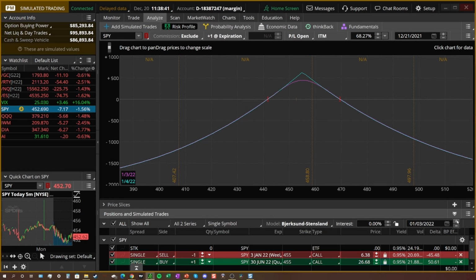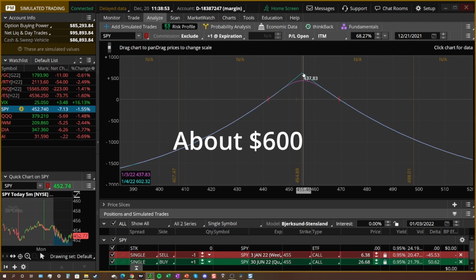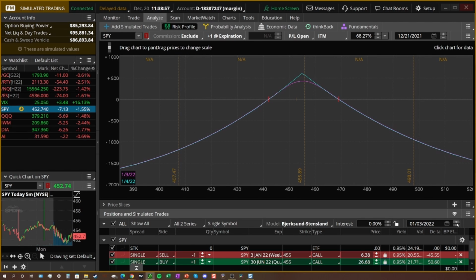It's just the daily incremental increase in value from theta decay, okay? Until you get all of that reward, right? And we're looking to capture about $450 or so. So that's about what we are looking to capture.